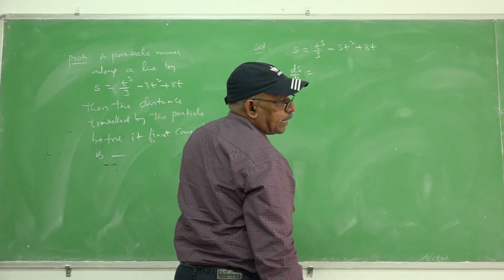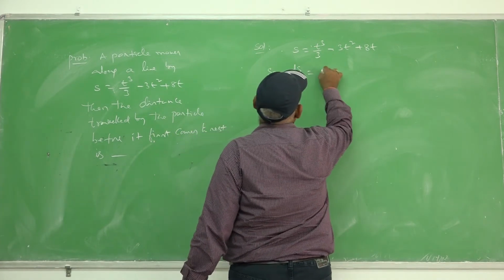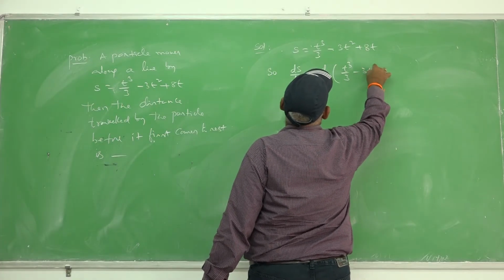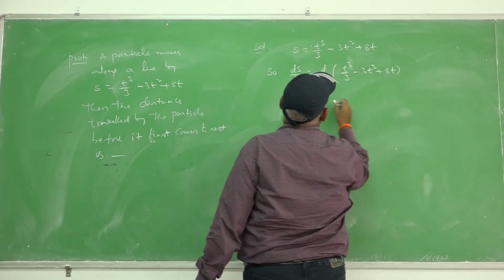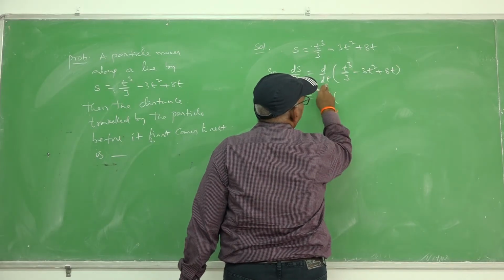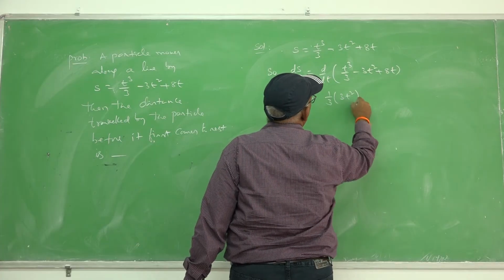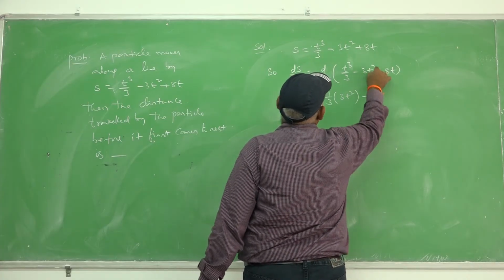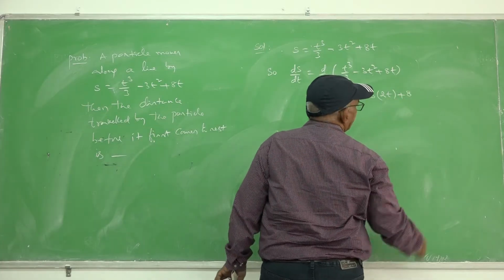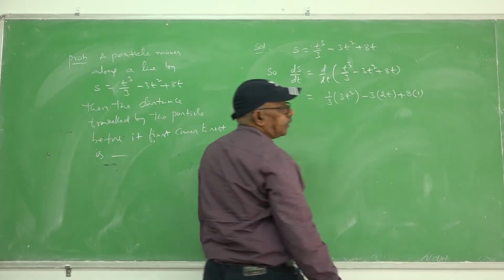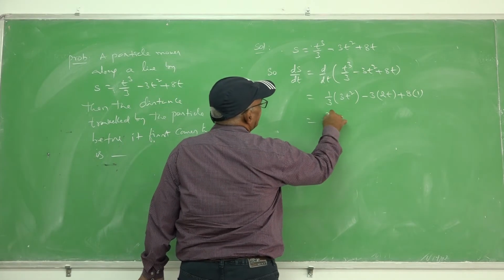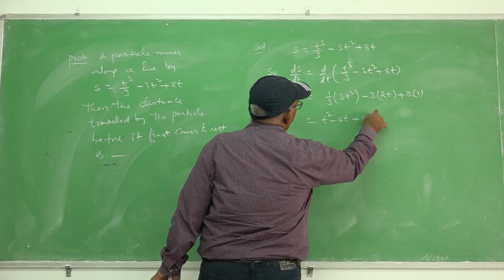Hence, find ds by dt here. ds by dt is d by dt of t cube by 3 minus 3t square plus 8t. That is 1 by 3 into, for t cube, the derivative is 3t square, minus 3 into, for t square the derivative is 2t, for 8t the derivative is 8 into 1. Hence we get t square minus 6t plus 8.